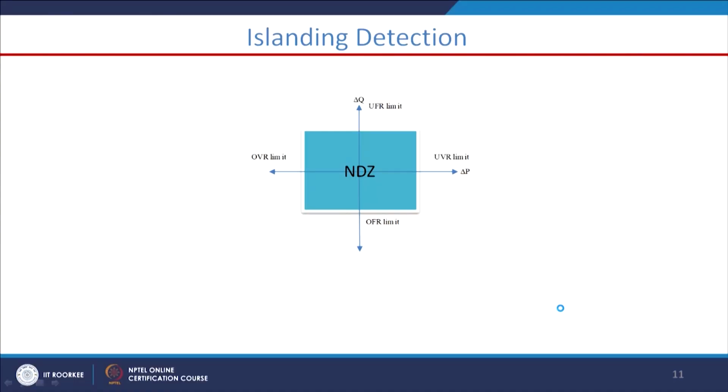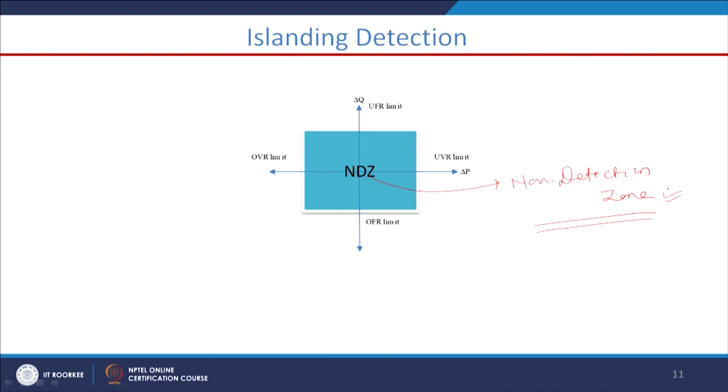We will discuss this in this particular figure. Let us say this is basically known as NDZ. NDZ means non detection zone. This NDZ is defined as the percentage of power mismatch for which the islanding relay does not detect the islanding condition.